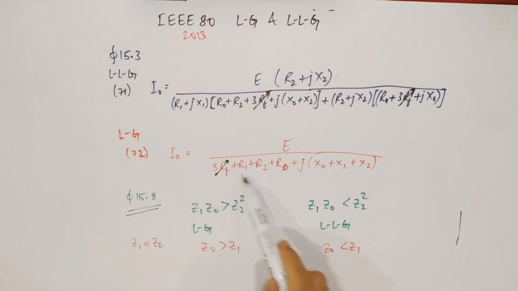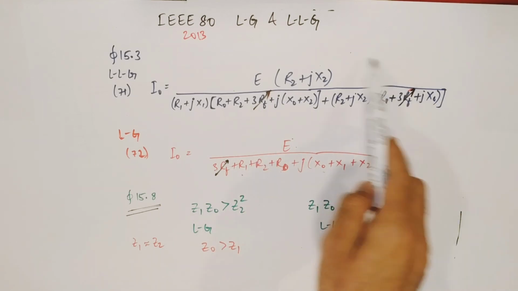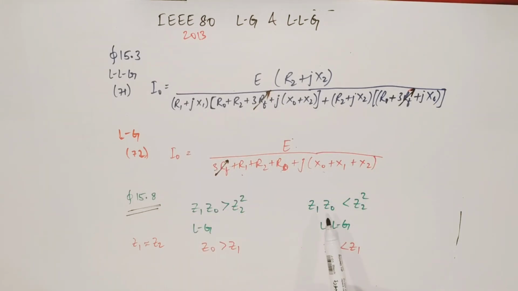Then you just need to solve for this one, no need to solve this big equation. Or if it is reverse, then the double line to ground fault is the worst case. You can further simplify this. If positive sequence and negative sequence impedance are the same, then the relation becomes: if zero sequence is greater than positive sequence, then this is the highest. If the reverse, then the other one.